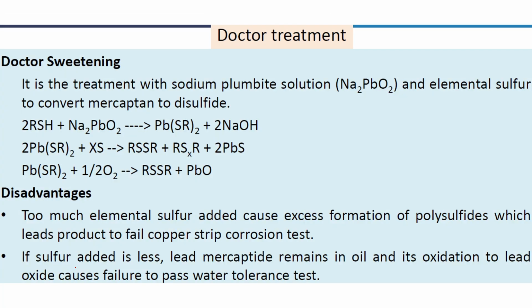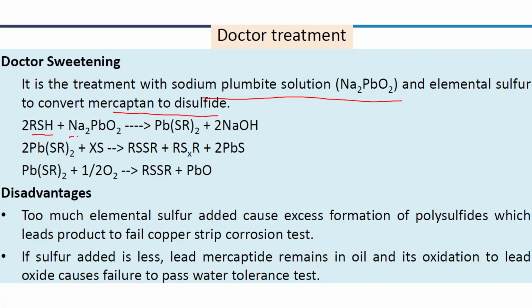The second procedure is doctor treatment. It is a treatment with sodium plumbite solution, Na2PbO2, and elemental sulfur, in which mercaptan is converted to disulfide. So this reaction takes place.